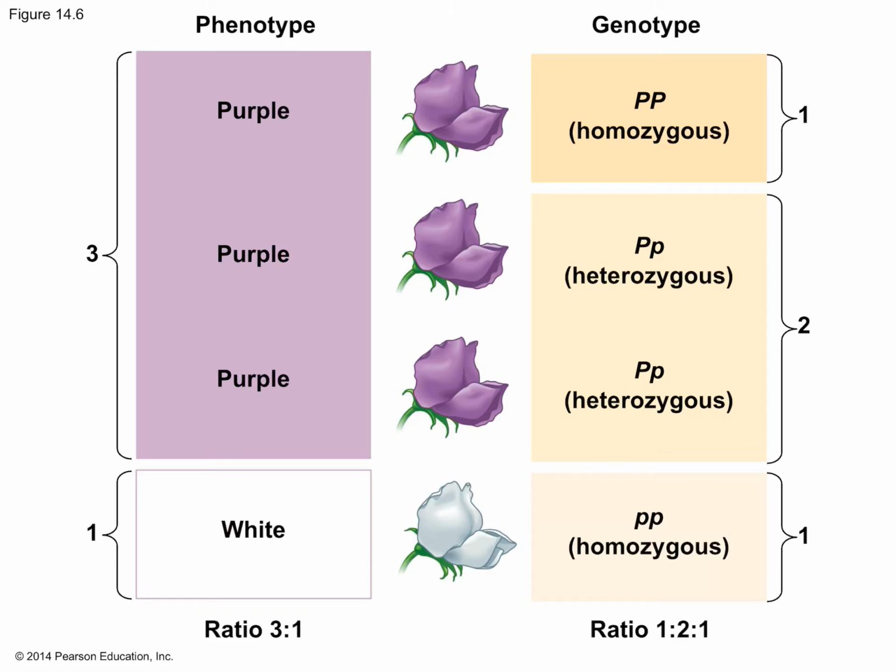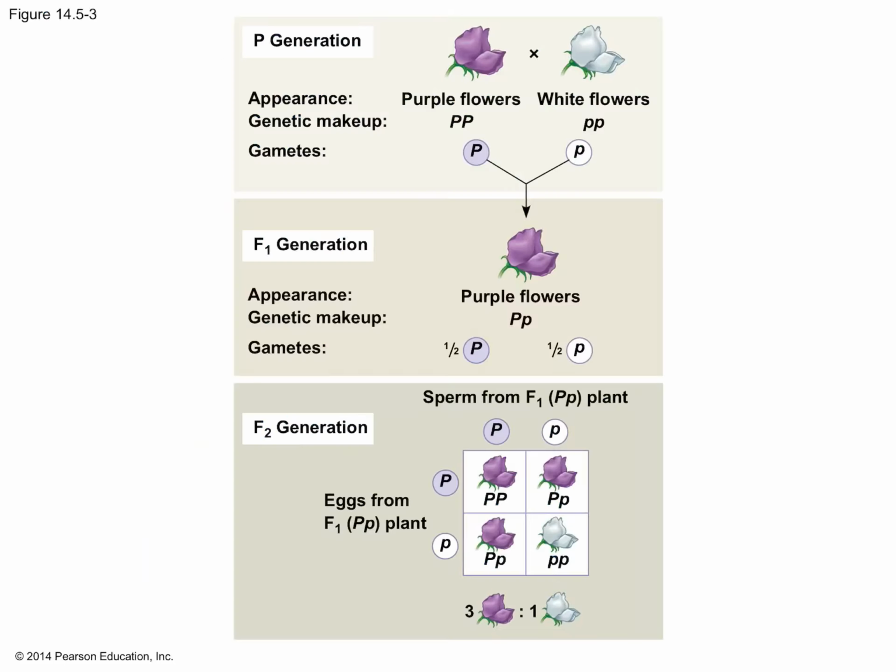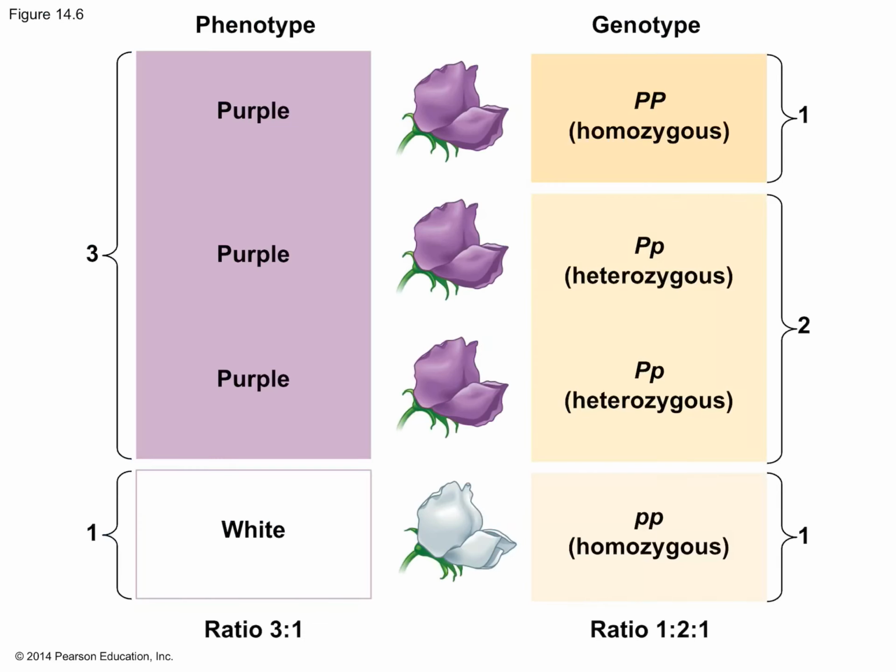The genotypic ratio is the ratio of genotypes to each other. If you remember back to the Punnett square, we had one homozygous dominant, two heterozygous, to one homozygous recessive. That's our genotypic ratio.